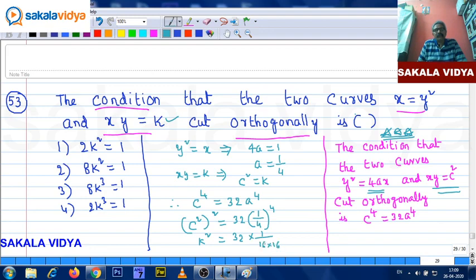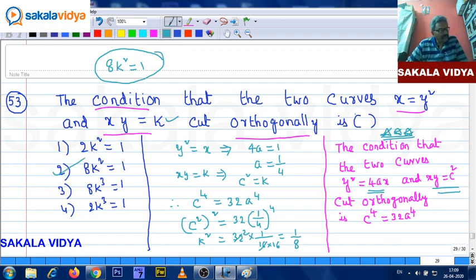How much? Here 16 2 ja, this will be 1 by 8. Cross multiplication, you get 8k square is equal to 1. This is the condition. Yes, Ashwa Reddy, m1 into m2 also minus 1 you can do it, but that is very lengthy. This will be very easy.